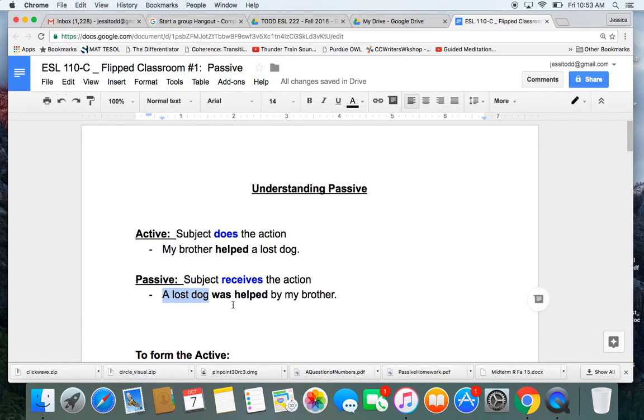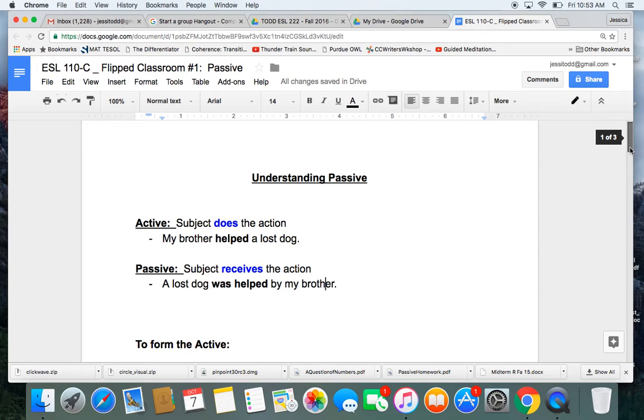The lost dog doesn't help my brother, right? The lost dog receives the action from my brother. The lost dog gets help from my brother. Okay? So here the subject is receiving the action. That's the main difference between active and passive.